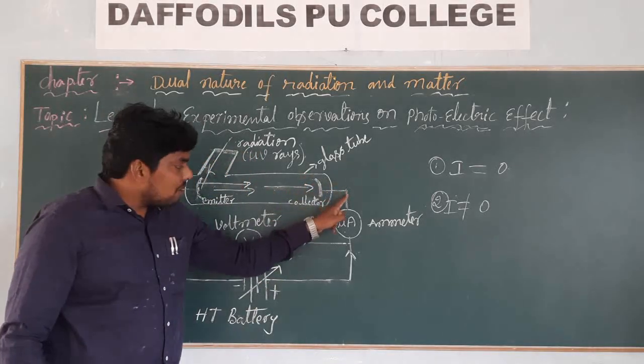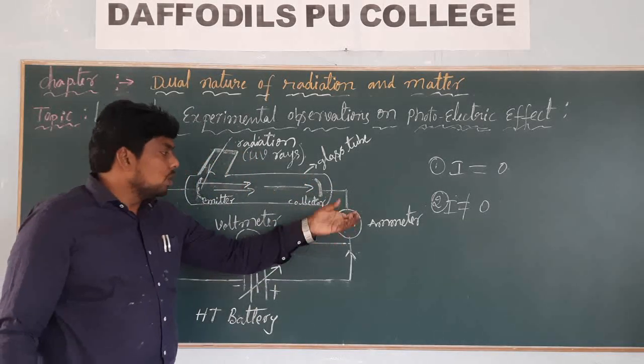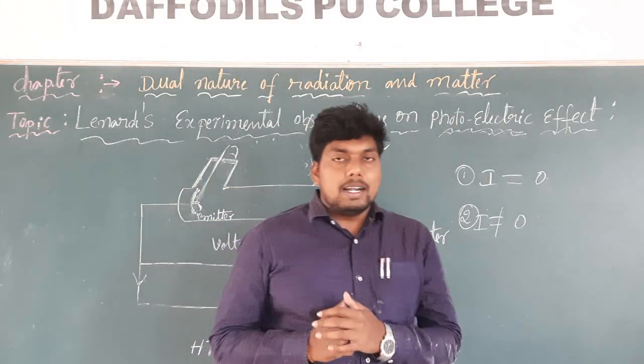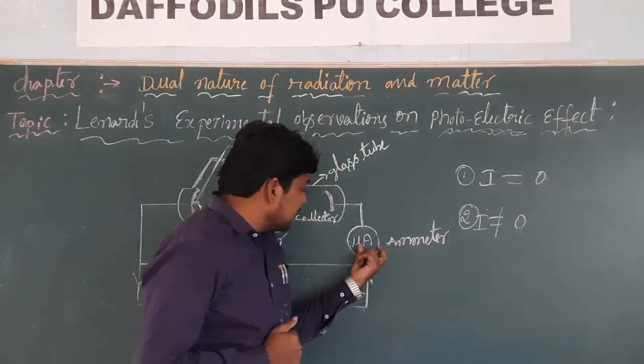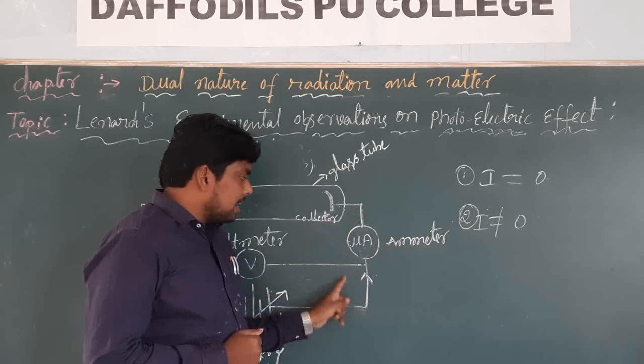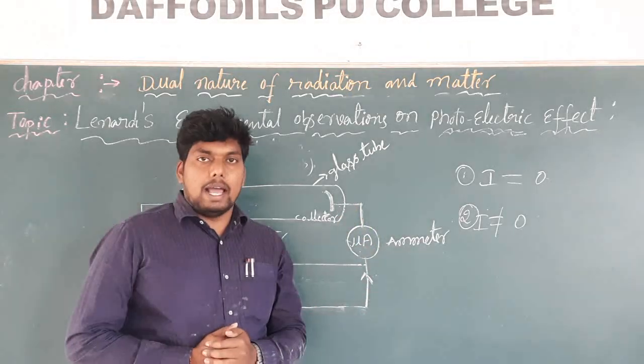There will be flow of electrons that leads to what? That leads to electric current in the circuit. That electric current is measured by the microammeter.